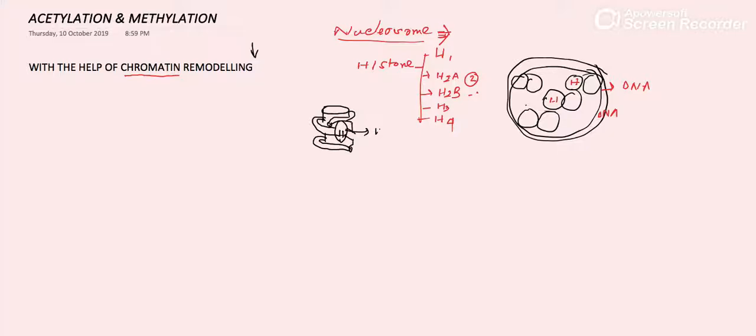H1 is present like a clip outside, but H2A, H2B, H3 and H4 are all present in two copies. That's why they are called 2, 2, 2, 2. 8 are present. That's why it is called an octamer.